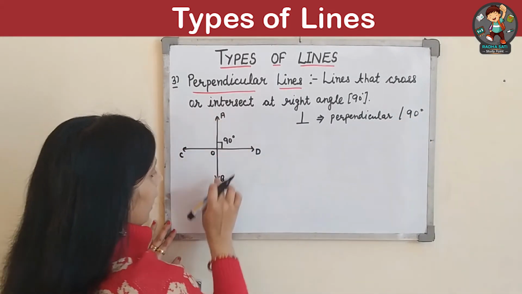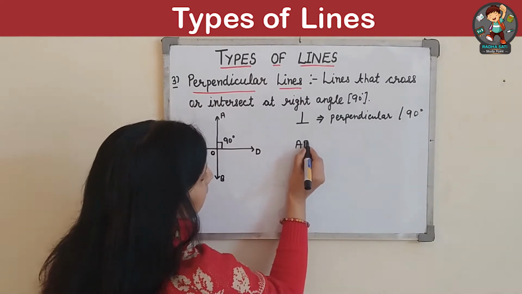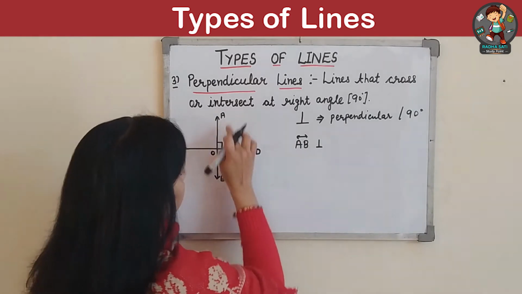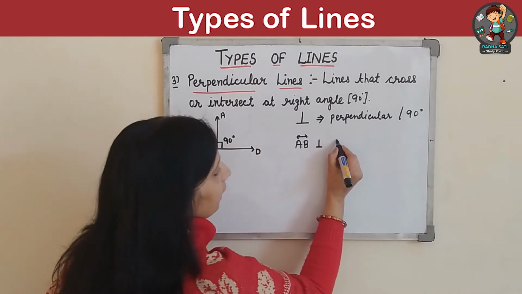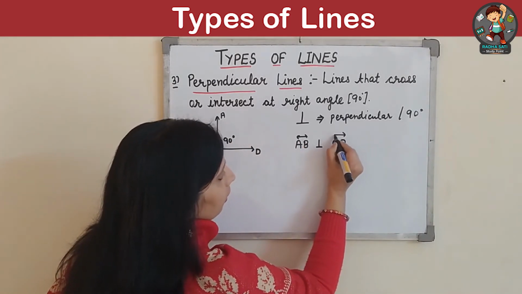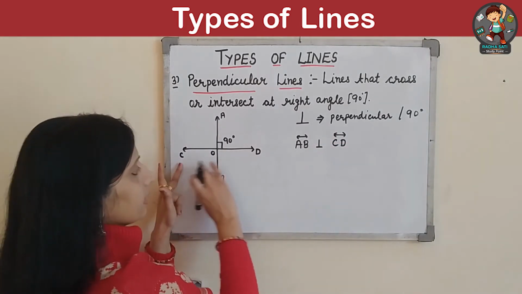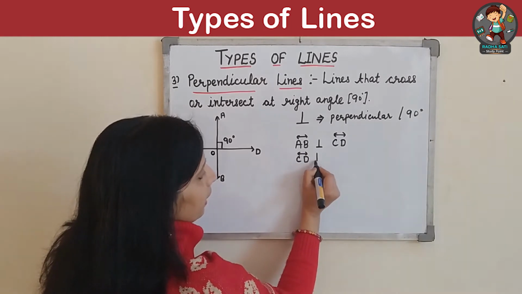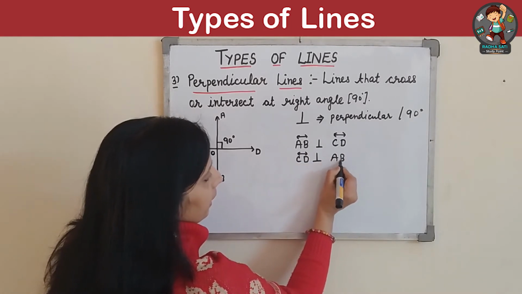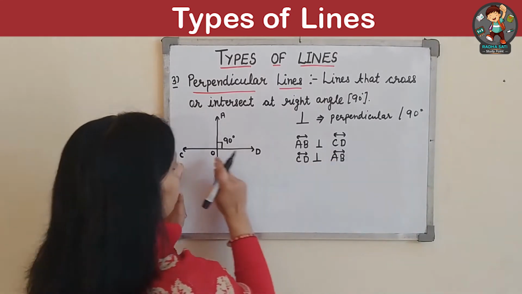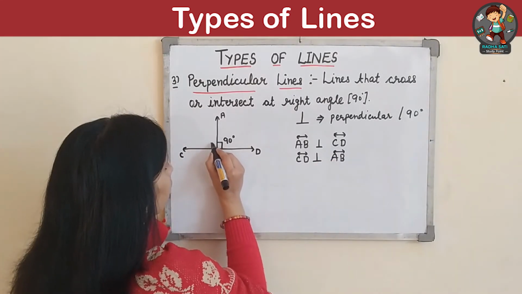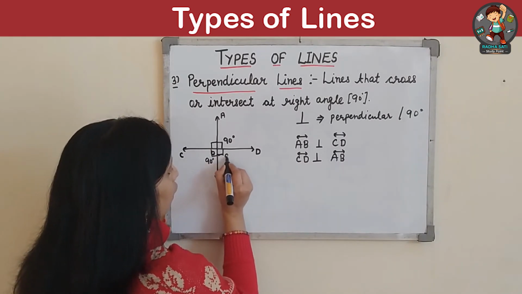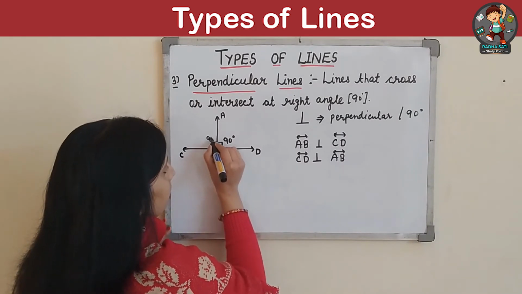So here we can write that AB is perpendicular, put the symbol always, is perpendicular to CD, or we can write that CD is perpendicular to AB. We can write by both the ways, because here also the angle of 90 degree is getting formed, here also and this one also. All the angles are of 90 degree.